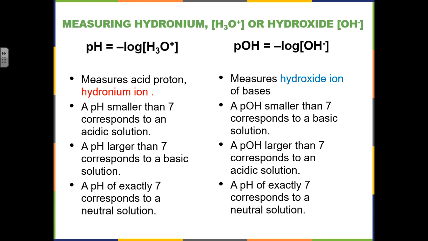And because that's what's measured, a pOH value less than 7 is going to be evidence that you have a basic solution. And if you have a pOH value above 7, that's going to indicate that you have an acidic solution. And just like with the pH formula, if you have a pOH or a pH equal to 7, that's going to correspond to a neutral solution.